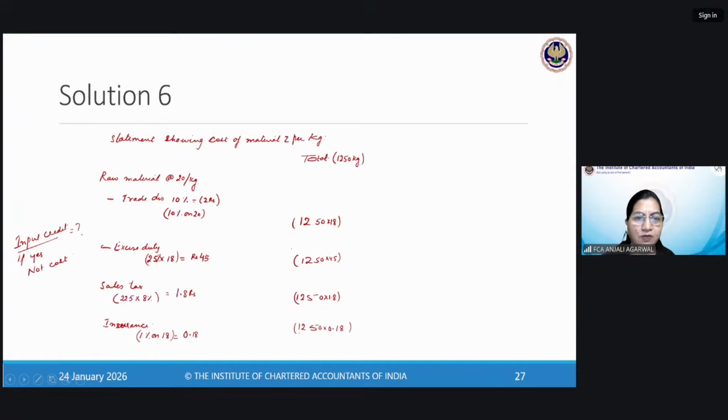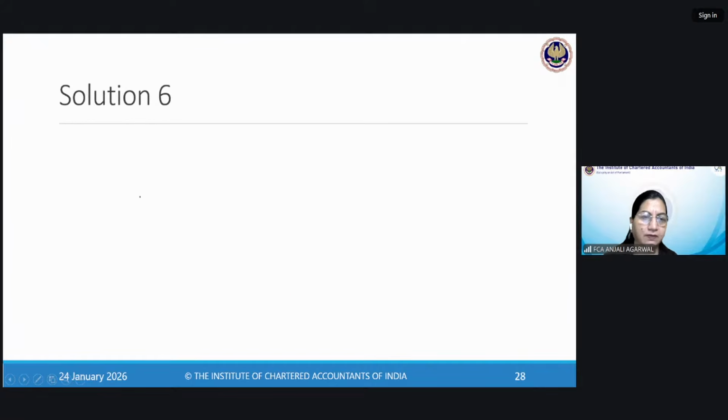So container cost would be at the rate of 60 minus 40, 20 rupees per container, and there will be 24 containers. And from now on, you would calculate the cost of 1200 kgs of raw material only.